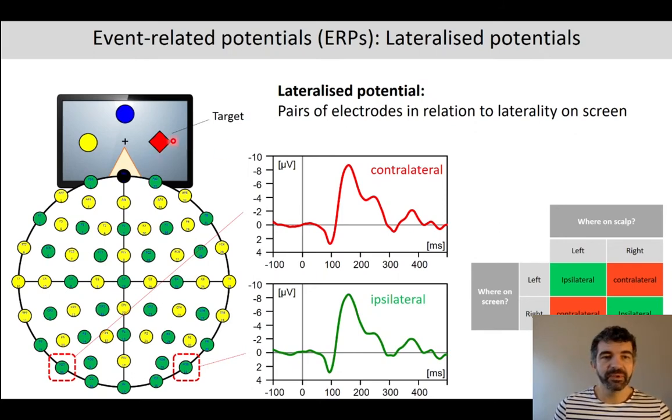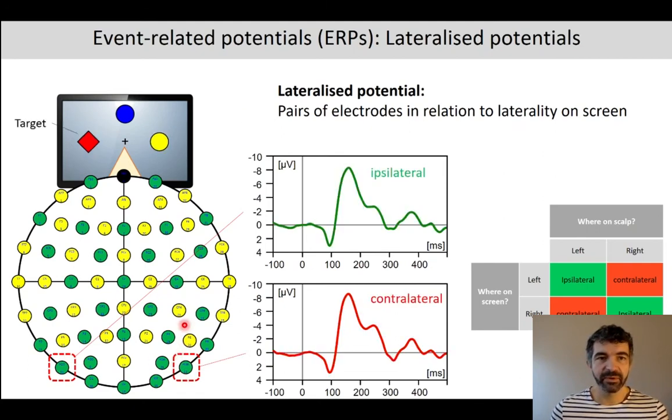In this example, if the target is on the right hand side, the contralateral electrode would be the PT2, and the ipsilateral electrode, on the same side as the target, would be the PT8. If you switch the sides, it's the opposite. You can do this for electrode pairs and end up with a table like this, showing what contra and ipsilateral mean. You could calculate this for PT7 and PT8 and end up with something like this.